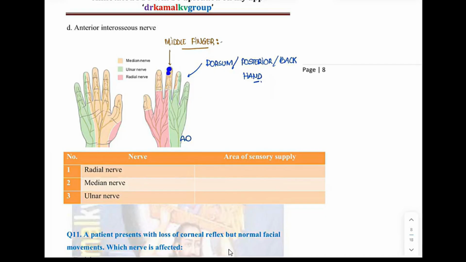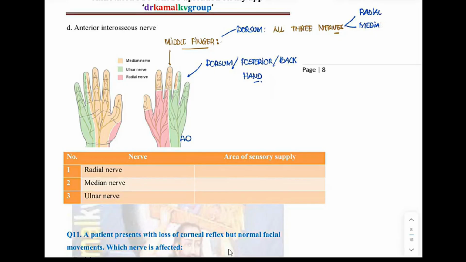So the middle finger is one finger, the back side of which has nerve supply from all three nerves. Clear? So middle finger, dorsum, all three nerves. That's very important. All three nerves: that is radial, median, and ulnar.